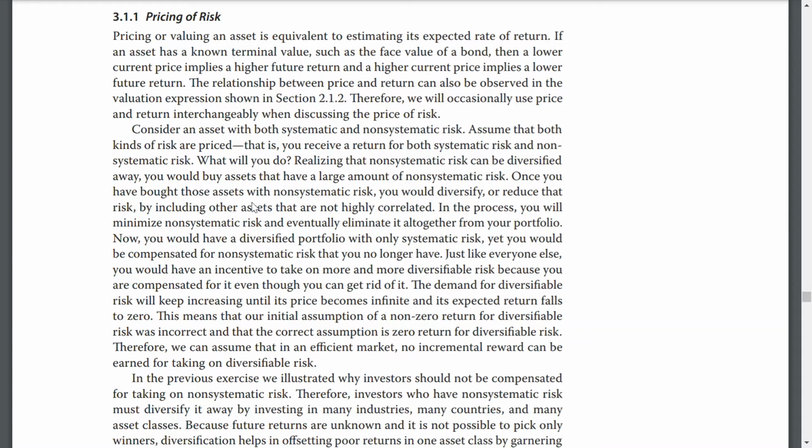The demand for diversifiable risk will keep increasing until the price becomes infinite and the expected return falls to zero. This means that our initial assumption of a non-zero return for diversifiable risk was incorrect, and that the correct assumption is zero return for diversifiable risk. Therefore, we can assume that in an efficient market, no incremental rewards can be earned by taking on diversifiable risk.